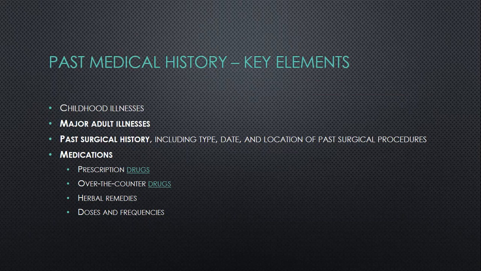And the next one would be major adult illnesses. For example, it may be helpful to go through the organ systems with the patient. For example, do you have any cardiovascular, gastrointestinal tract, or lung conditions? And the most common diseases, possibly avoiding some technical terms like COPD or coronary artery disease or hyperthyroidism, right?